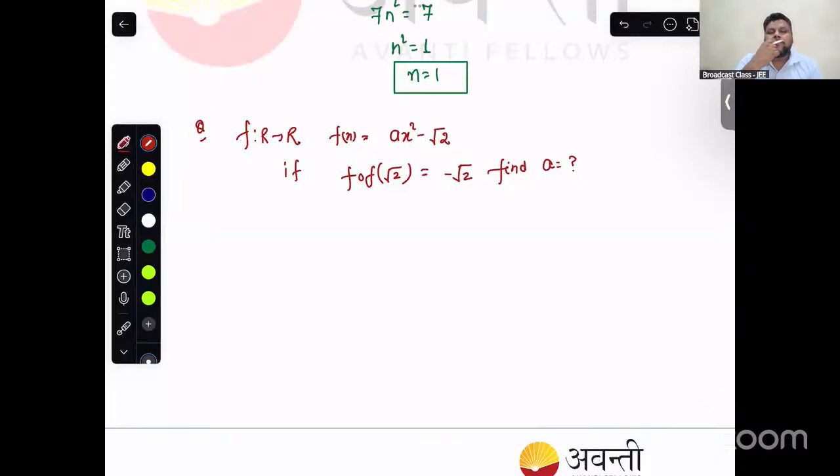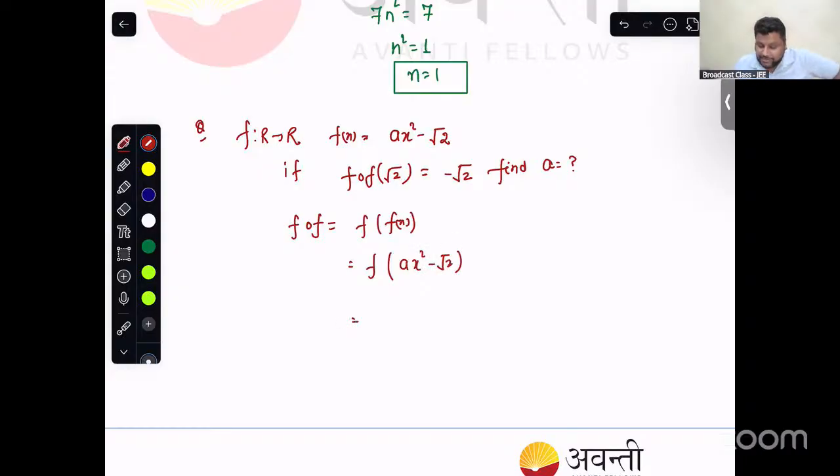Yes, anybody? See, f o f will be f of f(x). That is f of a x square minus root 2.